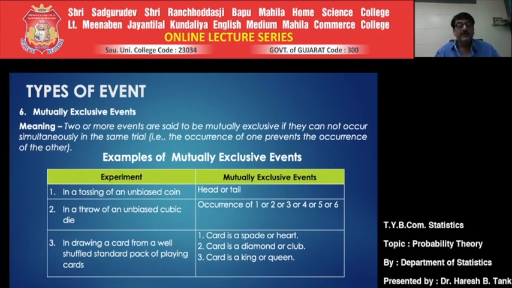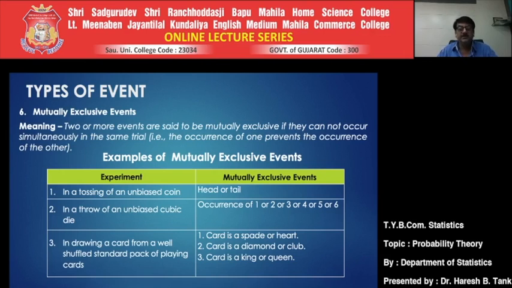Or you can put it this way in words: occurrence of one simply discards the possibility of happening of others. All these words are the same in meaning. You can use any words among these three.